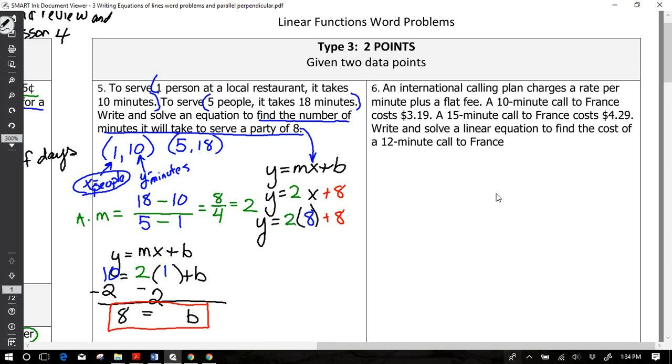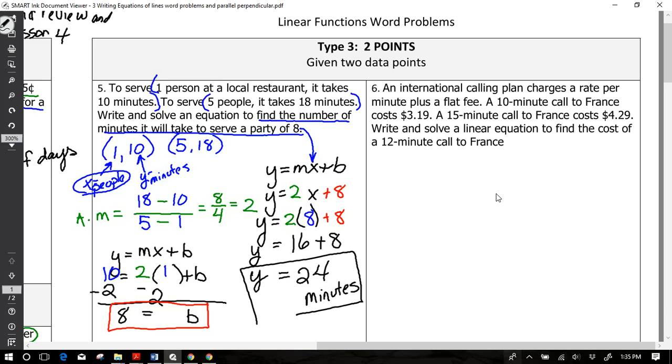And that's not 28, it's 2 times 8. 2 times 8 is 16. 16 plus 8 is 24. And that would be minutes. Okay, so it would take 24 minutes to serve 8 people.